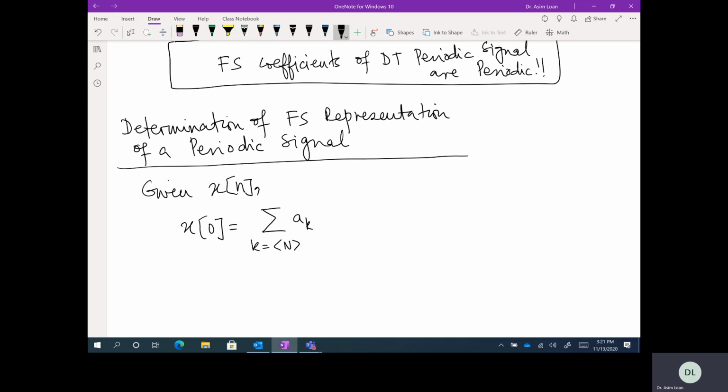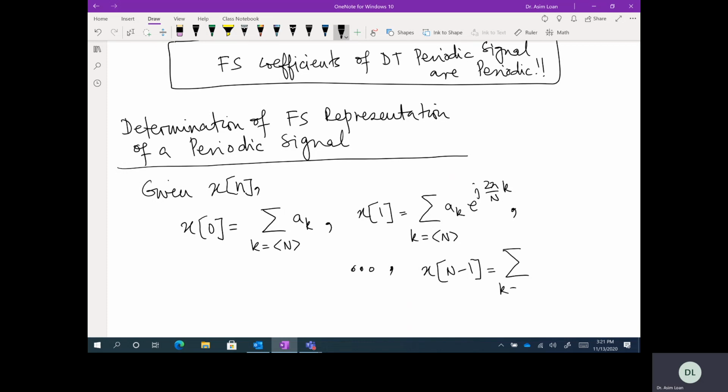This is the average value, obviously. x[1] is the sum over k of a_k e^{j2\pi/N k}, because n is equal to 1, and so on up to x[N-1]. I'm sorry, these are N terms.